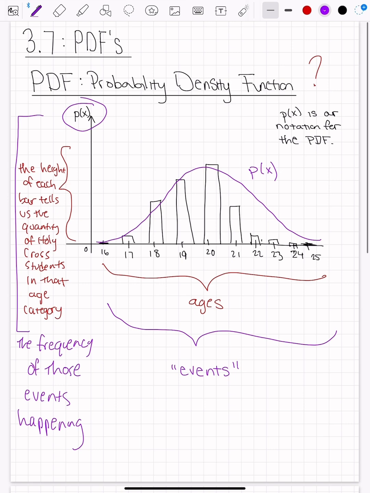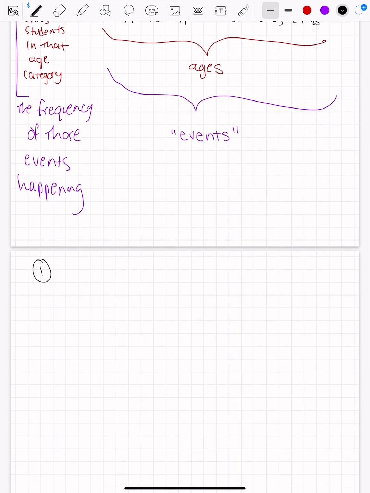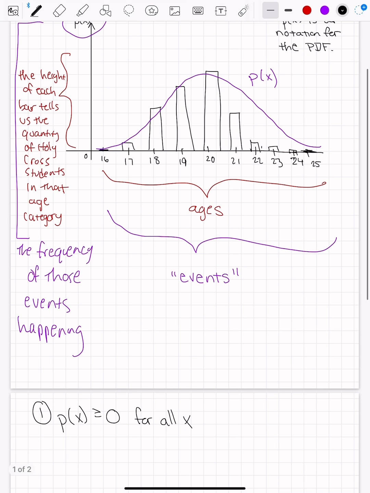That doesn't make sense. So these graphs never go below the x-axis. They always live above the x-axis. And that was the first condition that we see on the worksheet that says p of x is always greater than or equal to 0 for all x. So no matter where you are on the x-axis, it's always going to lie above the x-axis.